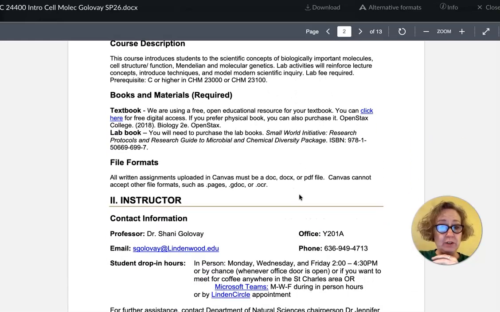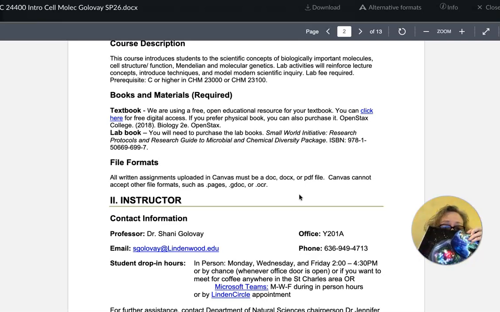Some things that I really need you to know: the textbook is again free. It's an OpenStax textbook, but the lab manual you need to purchase. It is not very expensive. I think you can get it for anywhere between $10 and $20 on Amazon. Sometimes Amazon sends you a used one and it's only one, but you need two of them.